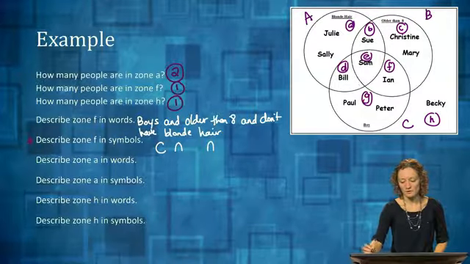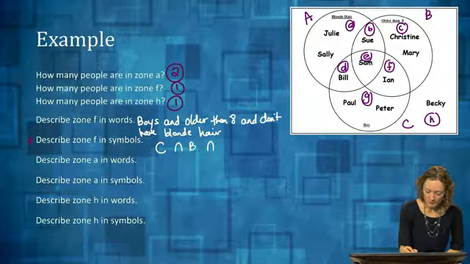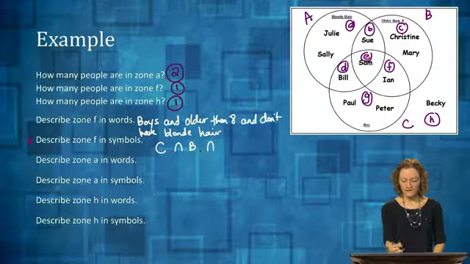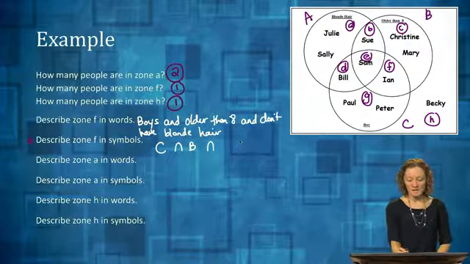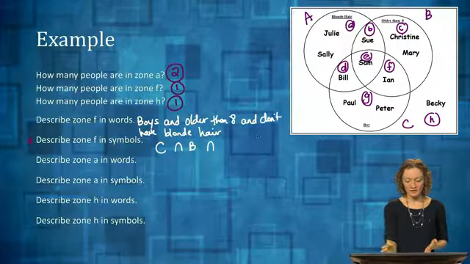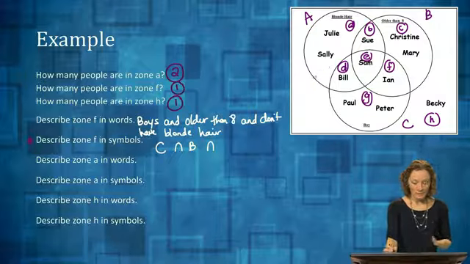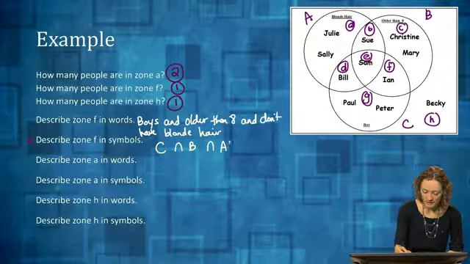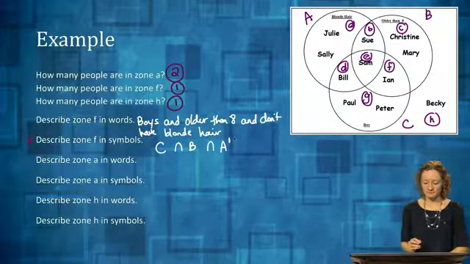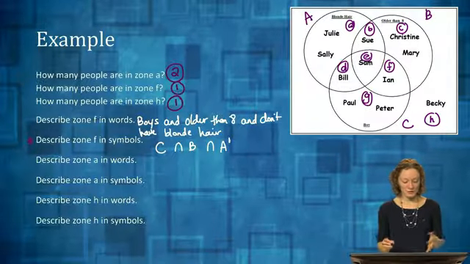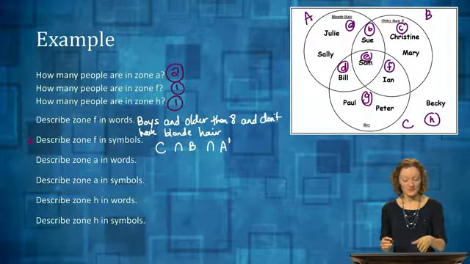We've labeled that to be set B. And then the last criteria, blonde hair, it's people that don't have blonde hair. So if it's not A, then we would symbolize it with a complement. So this is one way to give a description for this in words and then also in symbols. It's C and B and not A.